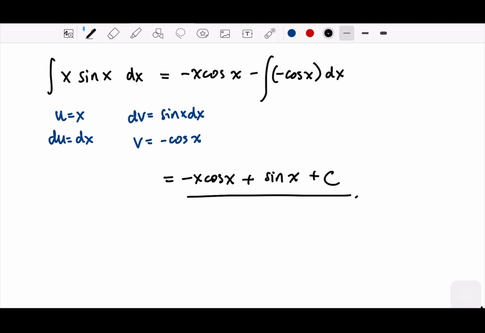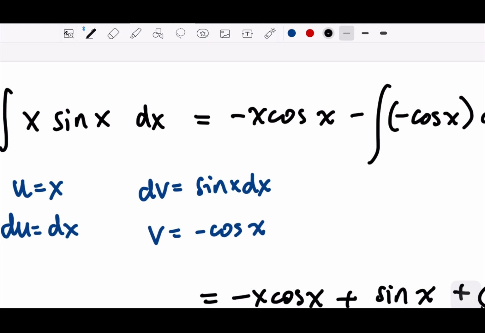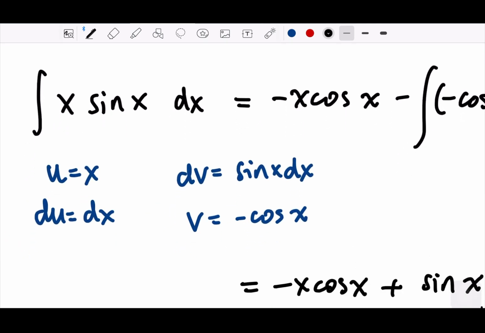Okay, my tips. You see x sine x. We could imagine these components as x and sine x dx. Now if we focus on x and sine x: if we think of deriving x, at the end of the day it will reach 0.